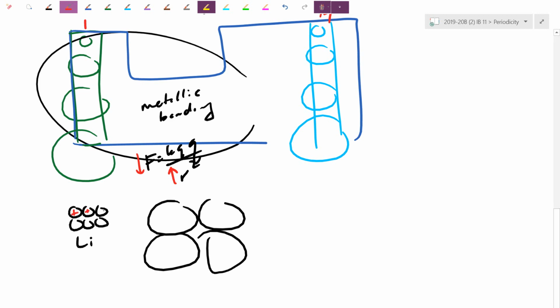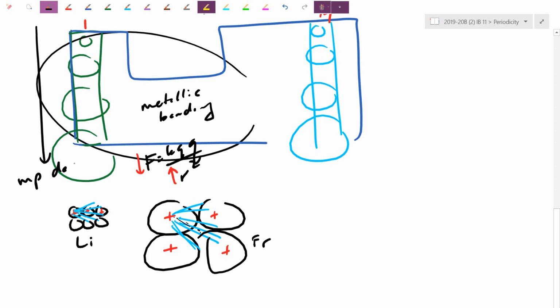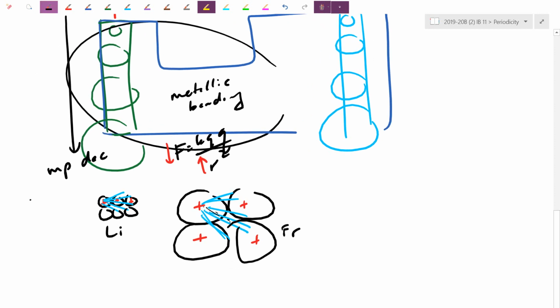The metallic bond is between the positive nuclei that are stuck in place trying to attract the delocalized electrons that are swimming around their neighbors. But in this case, because francium has to reach quite a bit farther out, the radius is bigger, the attraction for those neighbors is going to be weaker. So we would expect the melting point to actually decrease going down this way. So your language here is going to be melting point decrease. You can quote the type of bond.